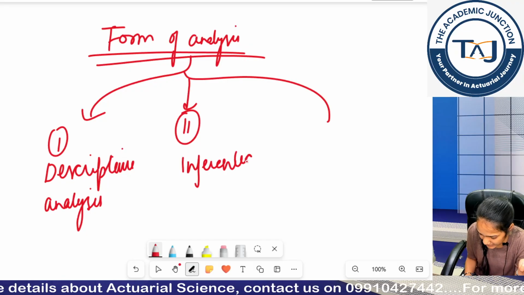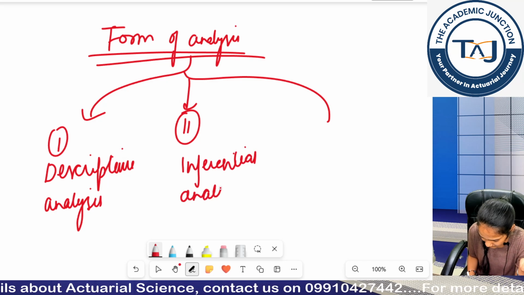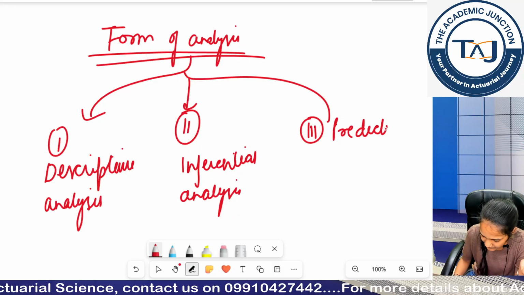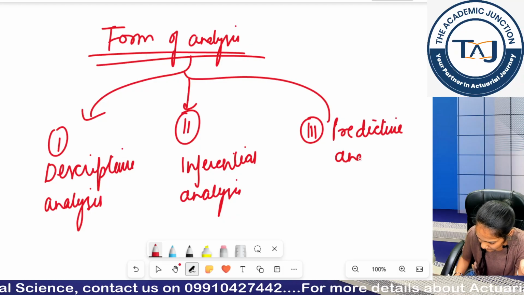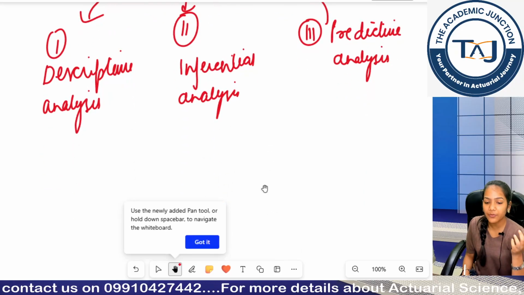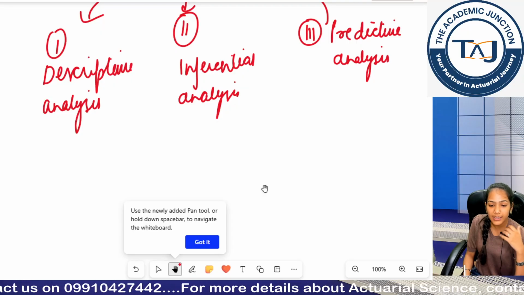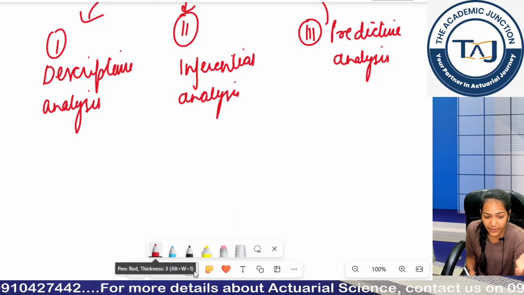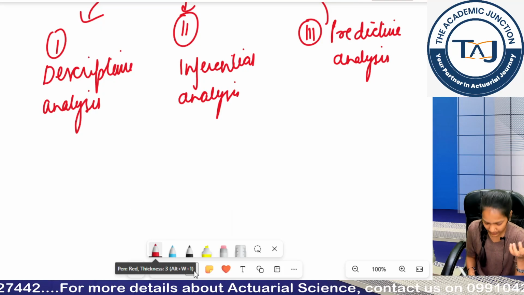We will be going into detail, don't worry. And finally, we have predictive analysis. This is a very easy chapter, you just have to understand some concepts and definitions, okay. There is also no need to cram the definitions if you are understanding the concept.